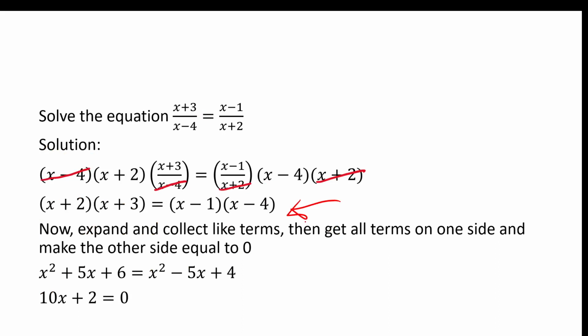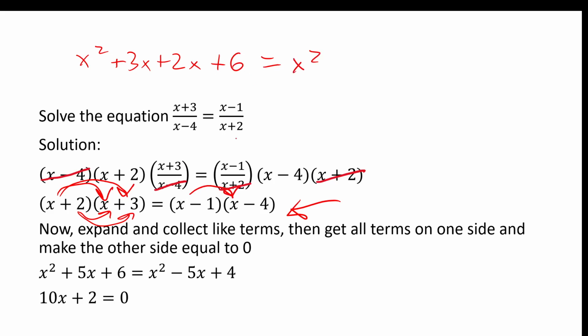Now our job's pretty easy. We really just have to expand x plus 2 times x plus 3. So when we expand it, x times x is x squared, x times 3 is 3x, 2 times x is 2x, 2 times 3 is 6, and then on the right-hand side, x times x is x squared, x times negative 4 is minus 4x, negative 1 times x is negative x, and negative 1 times negative 4 is positive 4.